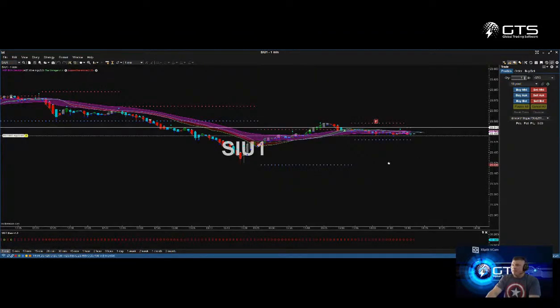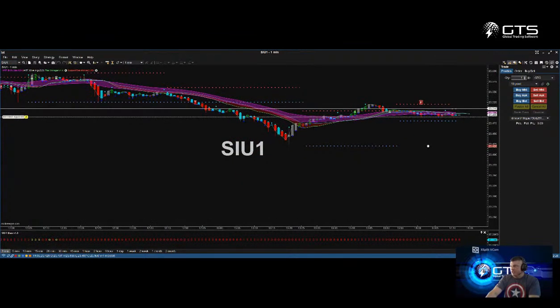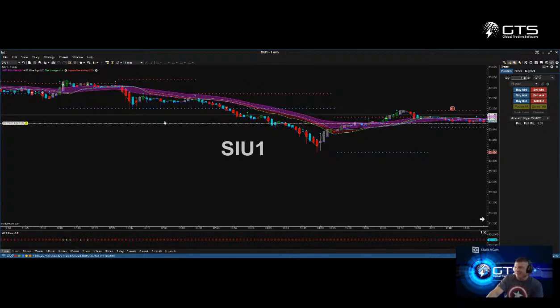Let's see how bad I messed up jumping out of that earlier. Really bad. Really, really bad. Look at that. Oh my gosh. This is where I got out right here. I got in the short up here. That was $500 right here.